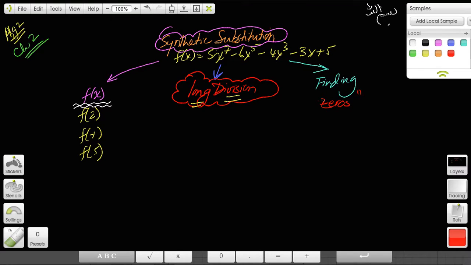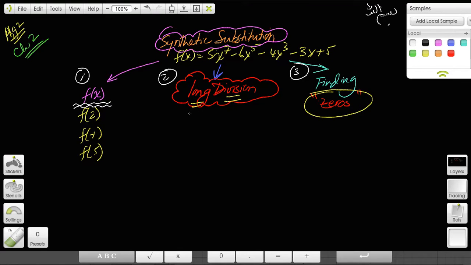This becomes a very important part of the topics that we'll discuss. But before we learn this, we have to learn these processes. So these are three important uses of synthetic substitution: finding f of x for a certain value, long division, and finding what's called the zeros of a function.